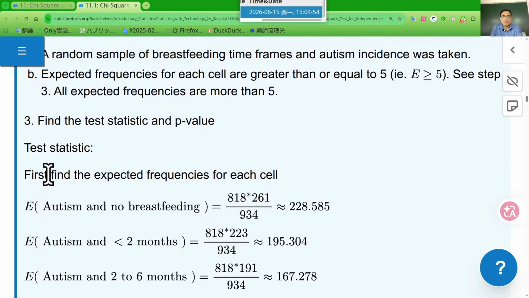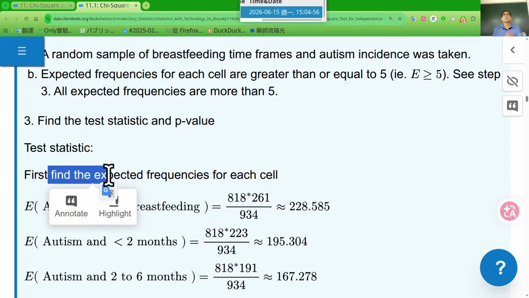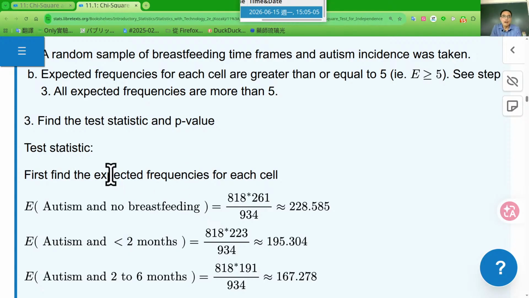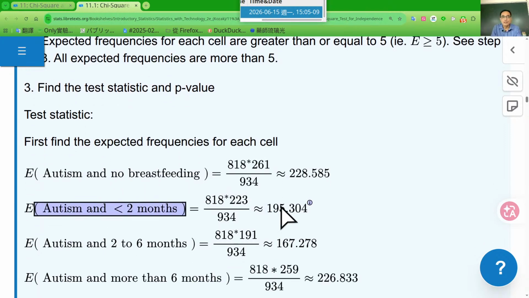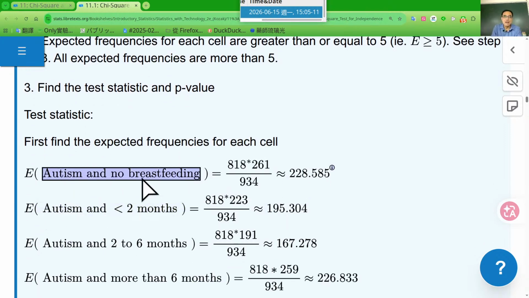Find the expected frequencies for each cell. Here E, autism and no breastfeeding, is 818 times 261 divided by the total 934.